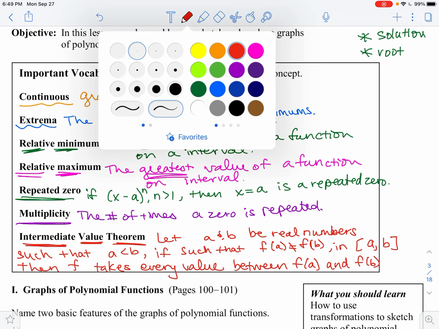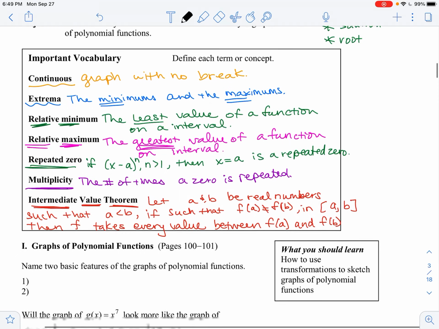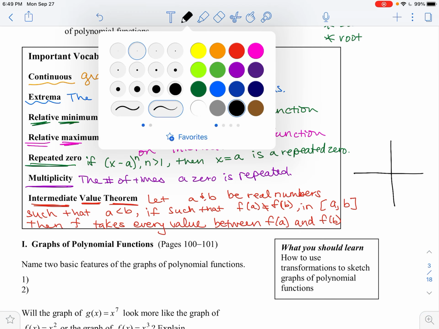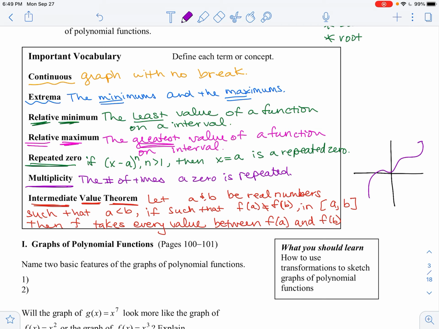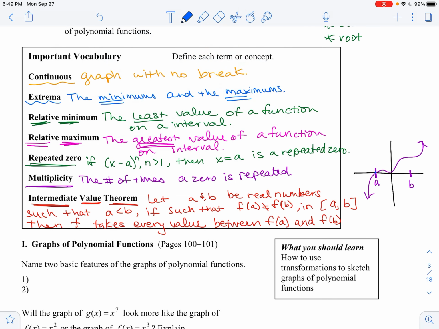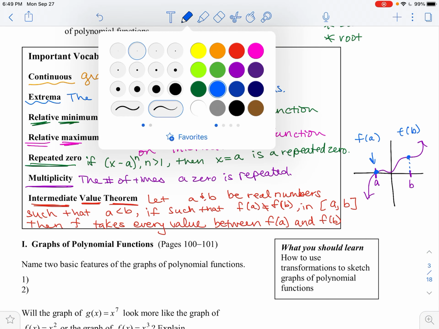One way that we can see this is, let's say we've got some function that looks like this. We'll call this value right here A and this value right here B. On the graph, this point right here is f of A and this point right here is f of B. Here's what we know.